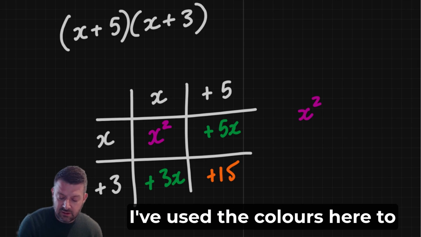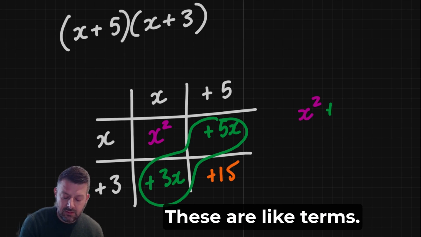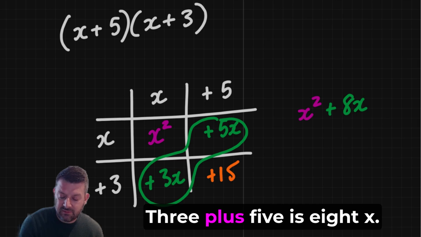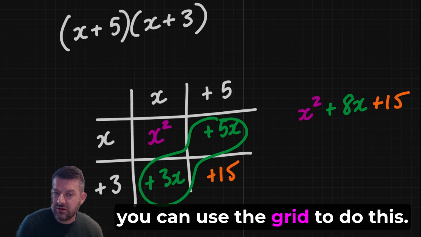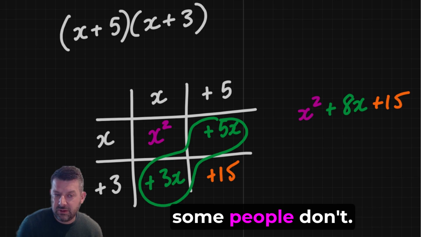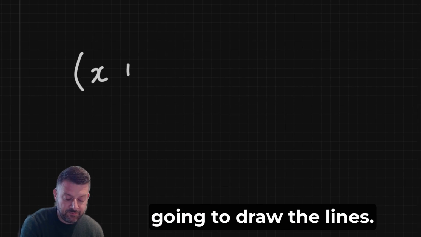And again, I've used the colors here to show that some people call this the peanut. These are like terms. 3 plus 5 is 8x. And we put our 15 in here. So again, you can use the grid to do this. Some people like the grid, some people don't.